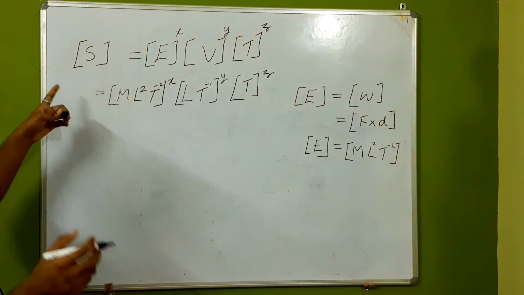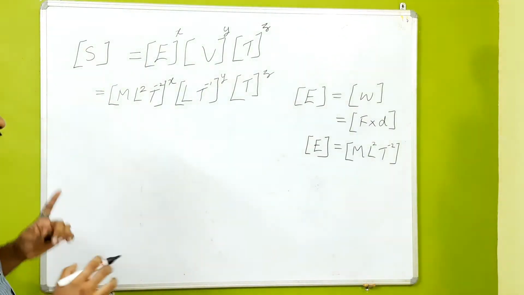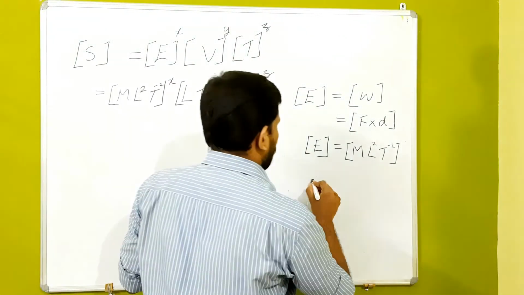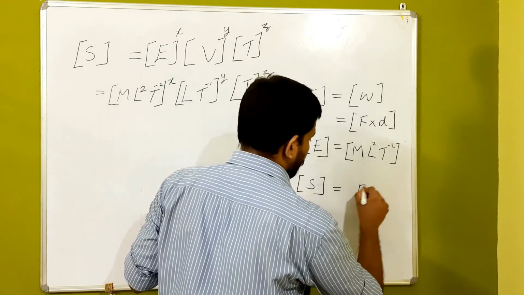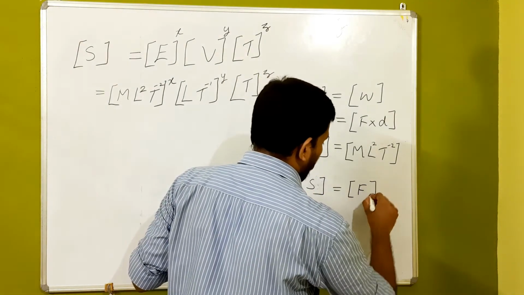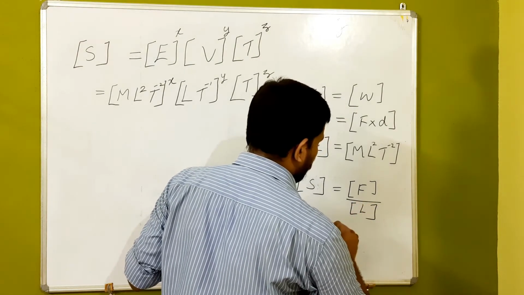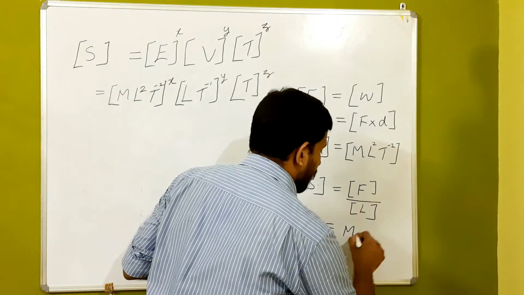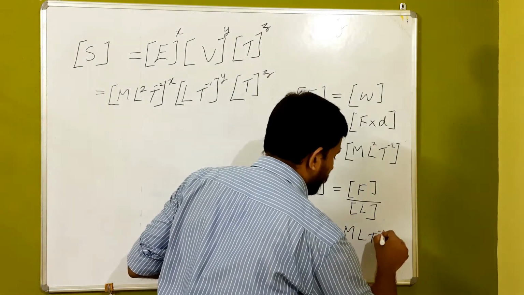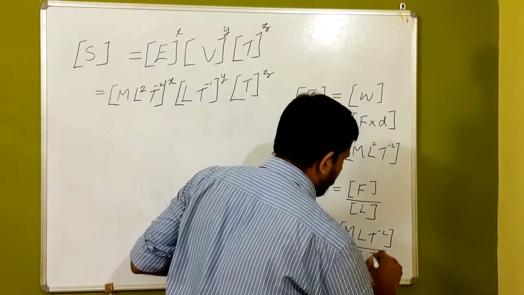On the left side we have the dimension of surface tension. So surface tension has the dimension of force divided by length. Force has the dimension of mass into acceleration, divided by length.